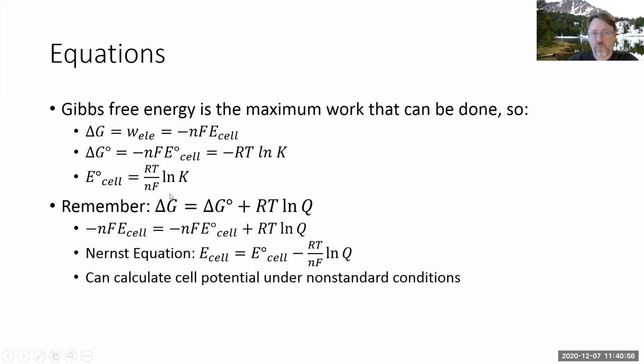Now we know what delta G is from up here, minus nF E cell. So I'm just plugging that in. This is just the same thing, but under standard conditions, so we can bring those two down here.